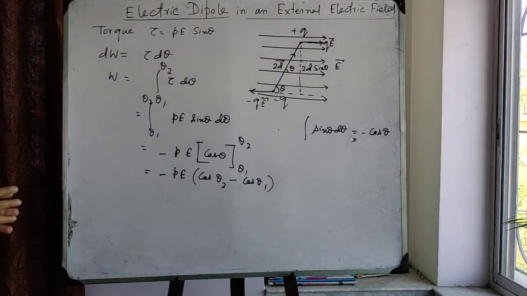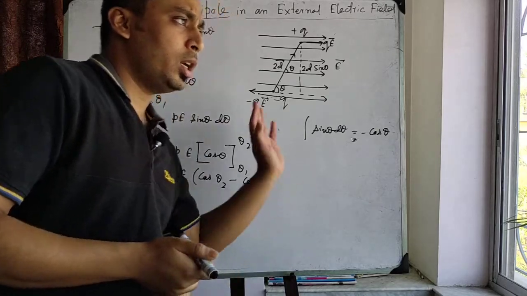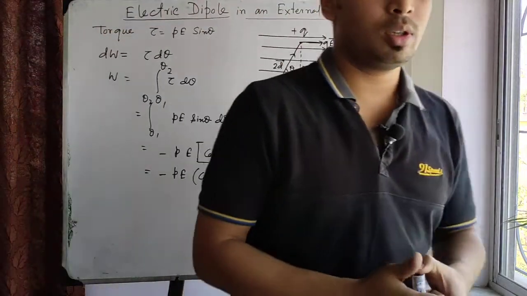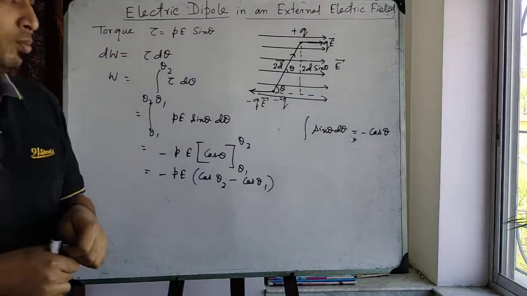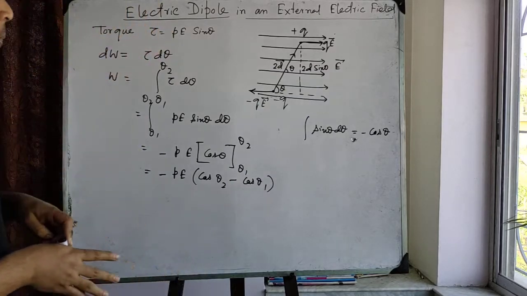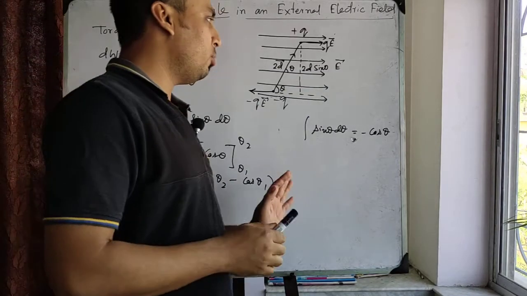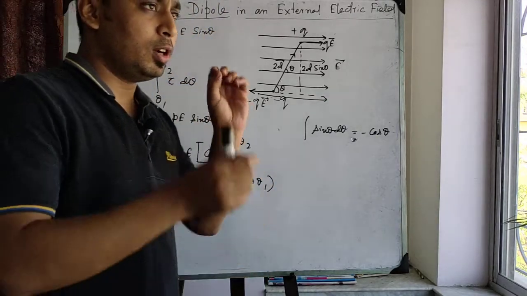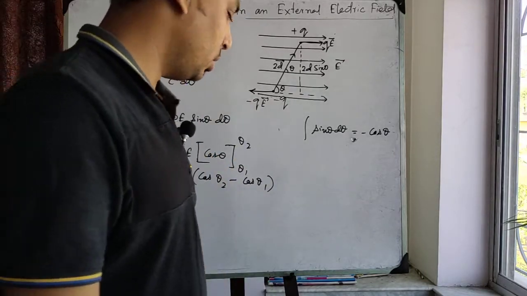Now several types of questions are asked from here. That is, what is the work done to rotate the dipole from its most unstable position to its most stable position, from unstable equilibrium to the stable equilibrium position, etc. So first of all, you have to understand what is the most unstable position for the dipole, what is the stable equilibrium position, and what is the unstable equilibrium position.